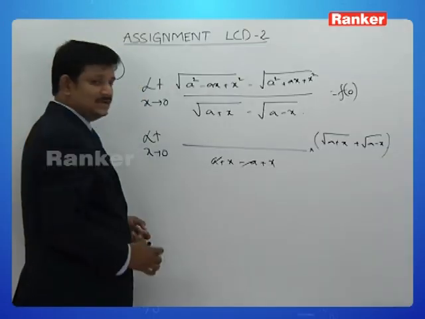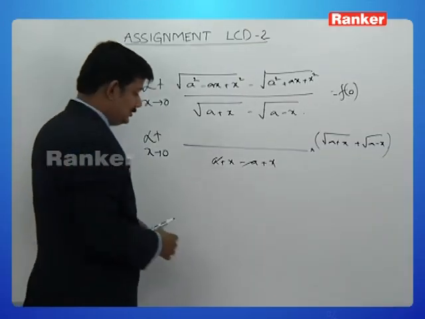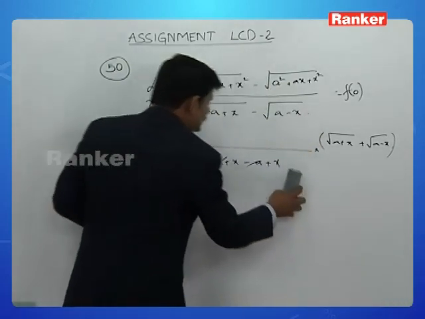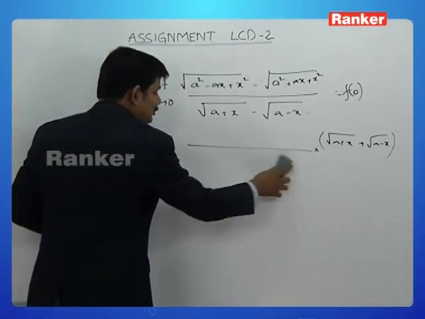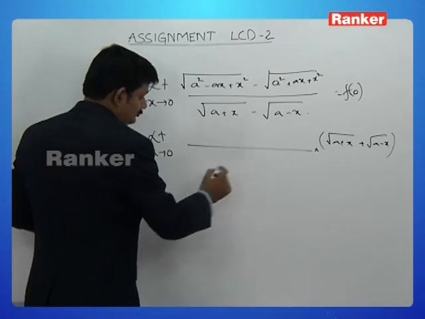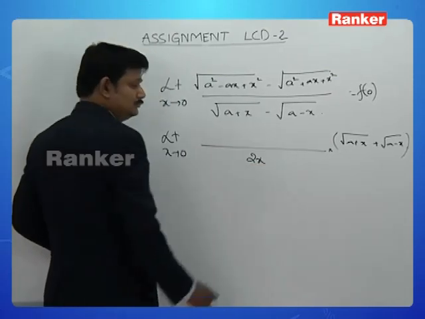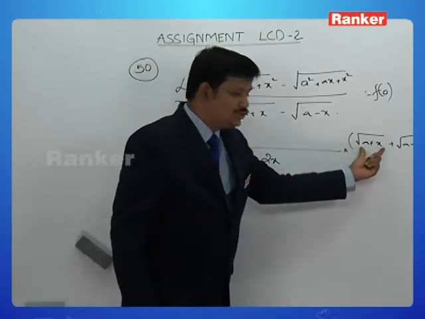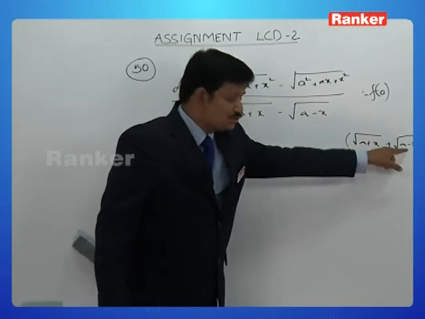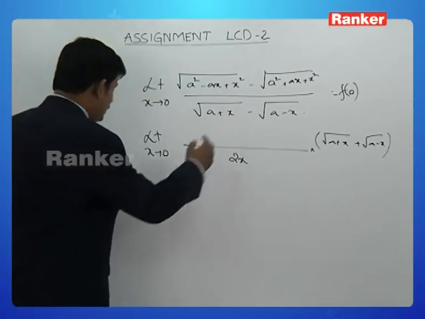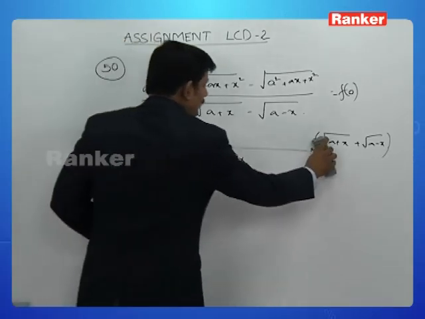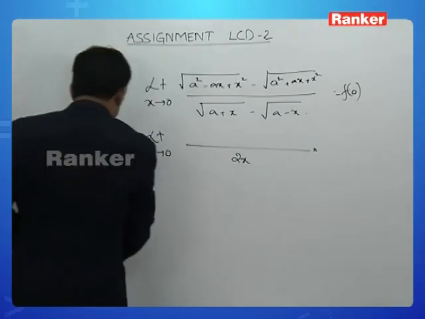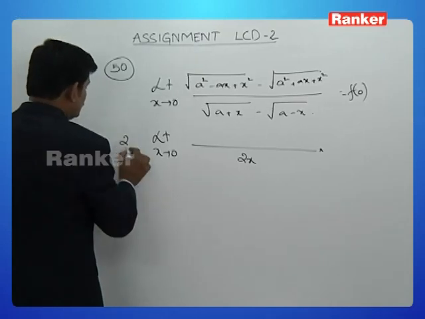A and a get cancelled. This is 2x. So, when we rationalize, the denominator becomes 2x. And also observe, as x tends to 0, this is root a and this is root a, so the sum becomes 2 root a. We can write this as 2 root a outside the limit.